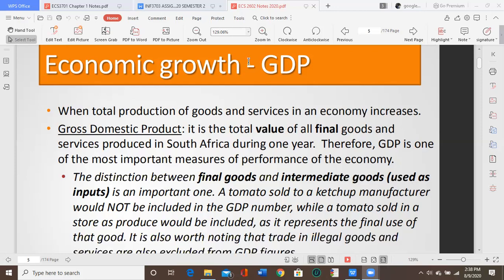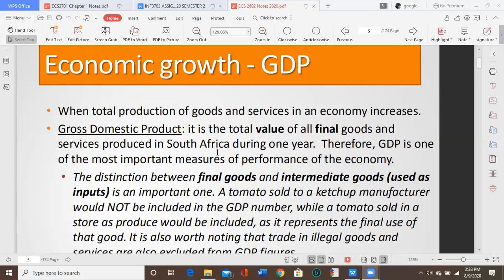We said that GDP is the total value of all final goods and services produced in South Africa during 1 year.